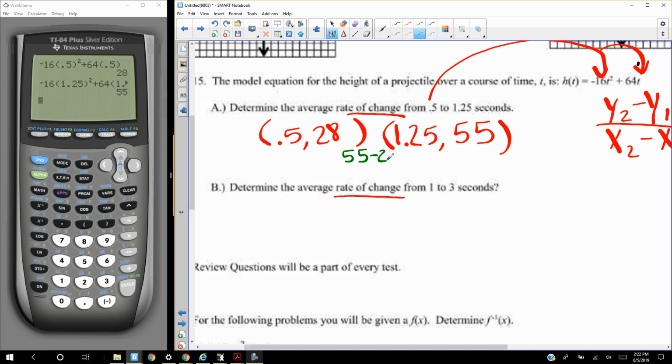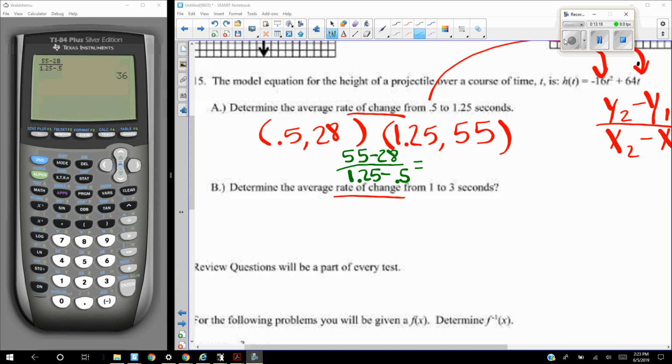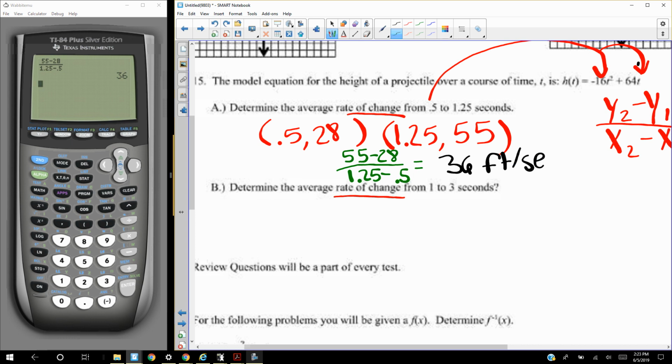Rate of change is going to be whatever 55 minus 28 over 1.25 minus 0.5 is. So the rate of change is positive 36 feet. I think it's feet. Does it say? I don't see. So we're just going to say 36 feet per second. And that should make sense that it's positive because the first value was 28 at 0.5 seconds, and then it went up after 1.25 seconds.